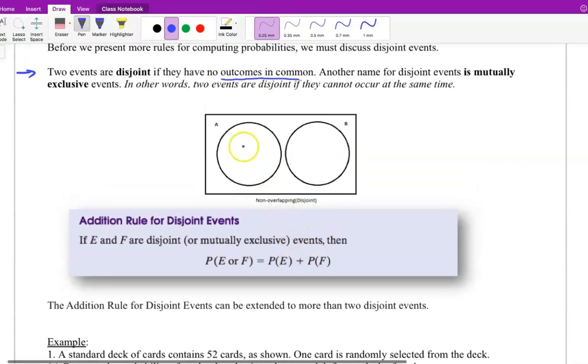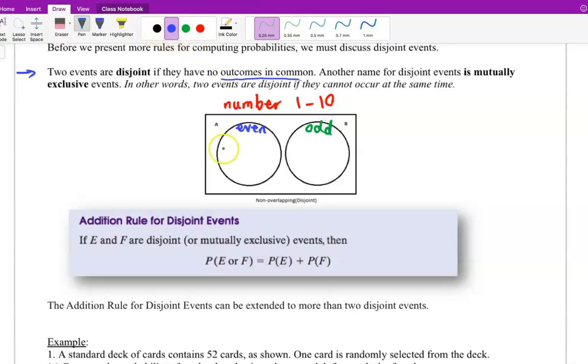Let's have an example for this part. For example, I want to have a sample space with numbers from 1 to 10. Then for this event, I'm going to use even numbers, and here, odd.